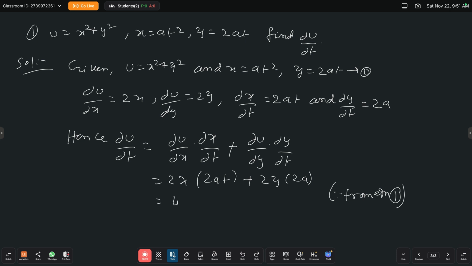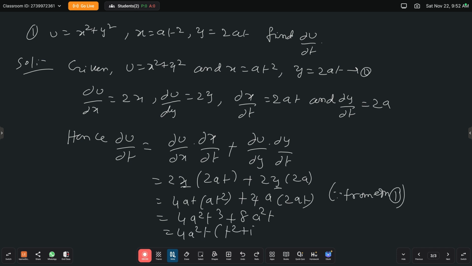So 4at into a t square, x is a t square, plus 4a into y, which is 2at. Now the value is 4a square t cubed plus 4a square t. So the common factor is 4a square t into (t square plus 1).